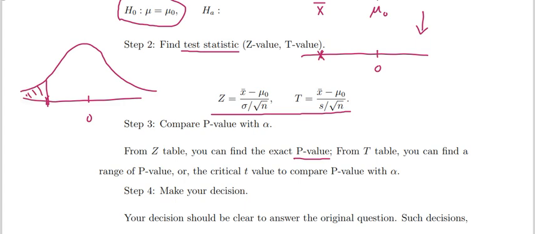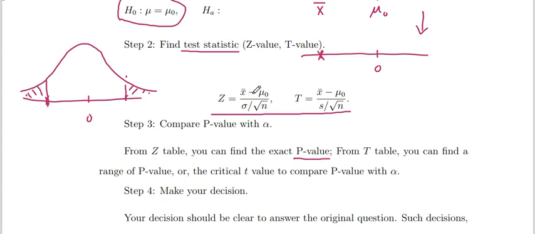If there's one tail, we just check this probability. So the p-value also depends on one tail or two tail. If two tail, remember we need to multiply by 2, right? If we have a cutoff point here, the p-value should be this side and also this side, multiplied by 2. So two tail, one tail.